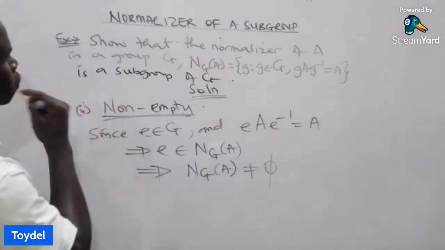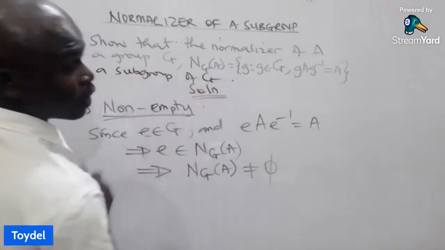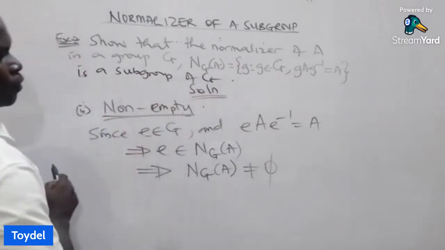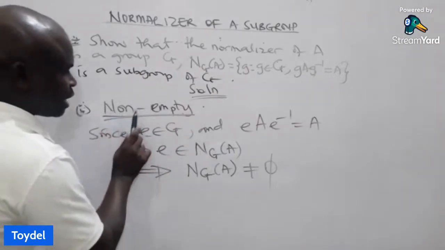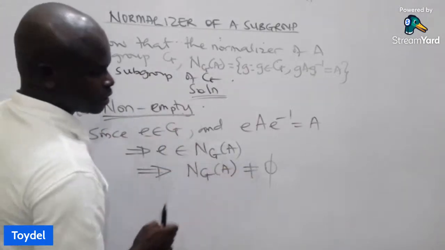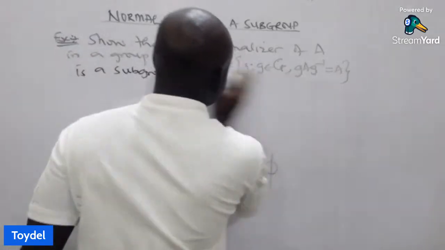We want to show that this normalizer is a subgroup of the group, and we have been able to show that it is not empty.